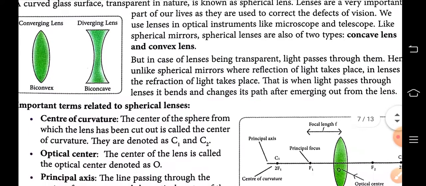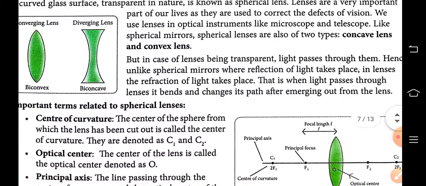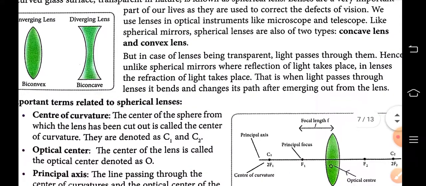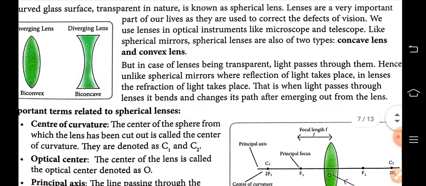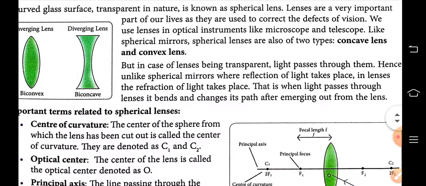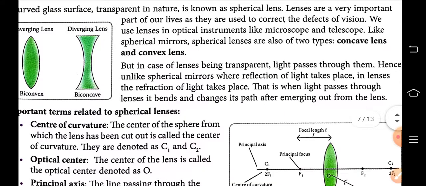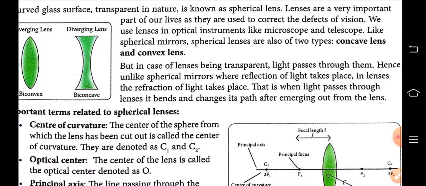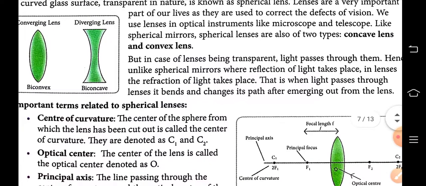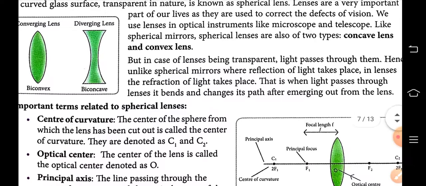But in case of lenses being transparent, light passes through them. Hence, unlike spherical mirrors where reflection of light takes place, in lenses the refraction of light takes place. So, through mirror, reflection occurs, but through lens, refraction of light takes place. Refraction of light means bending of light.